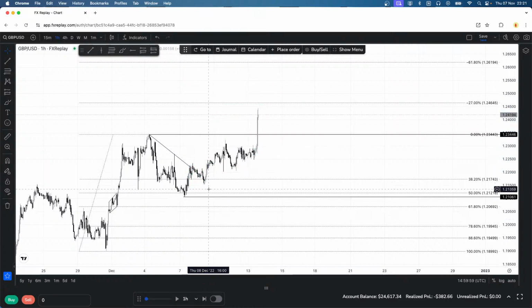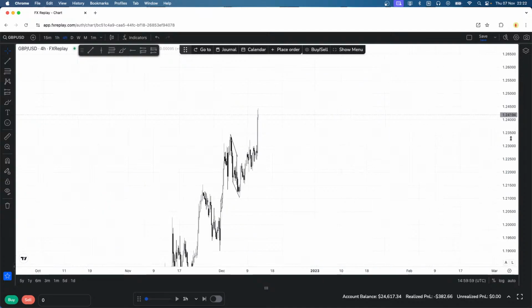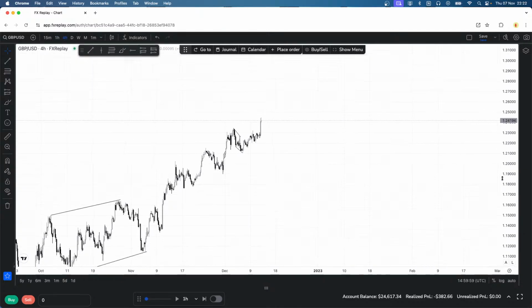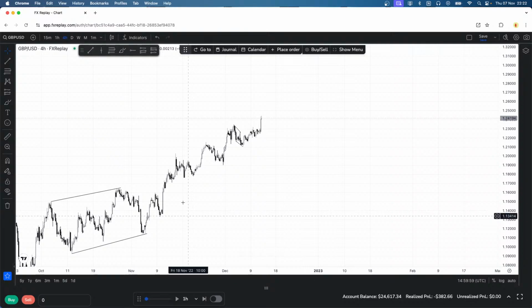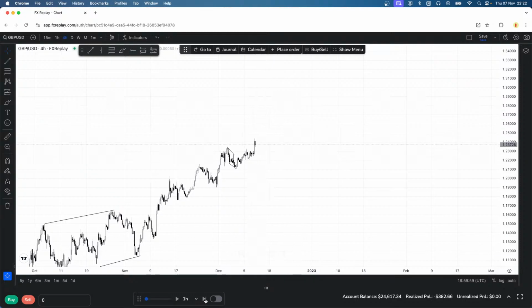And I'm out. So since price is pushing higher, I think we'll still push higher, but in order for me to take a trade, I have to wait for one of these and then I'll look for continuation.